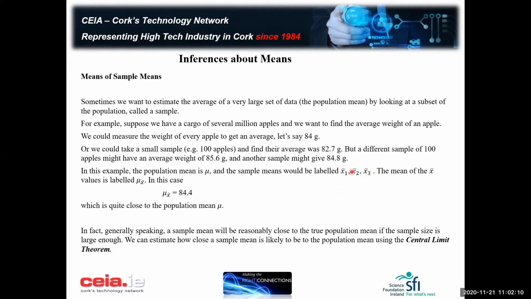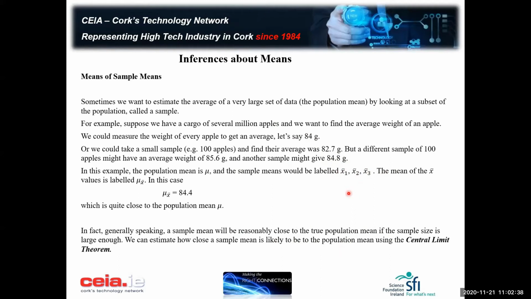And that allows us to determine how accurate our sample mean is in terms of estimating the true population mean. It's a reasonably complicated concept, so it's worth dwelling on that and thinking about that for a while.